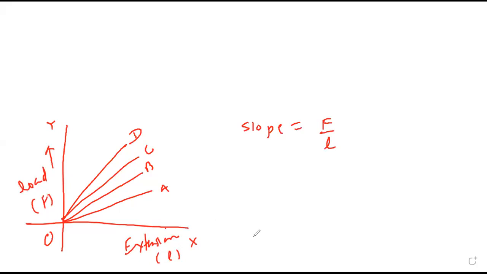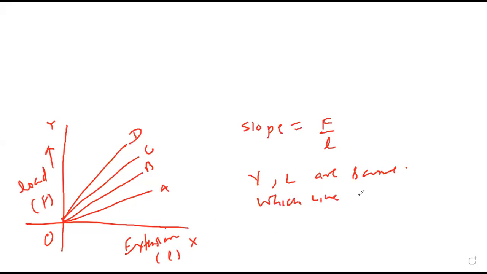Okay, now let us read what they want. All the wires are of same length, material. Original length is same, material is same, means Y is same. Y and L are same. Which line represents the thinnest wire? Means which line has minimum area?